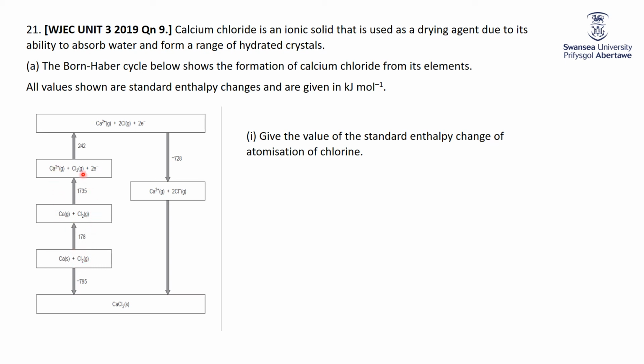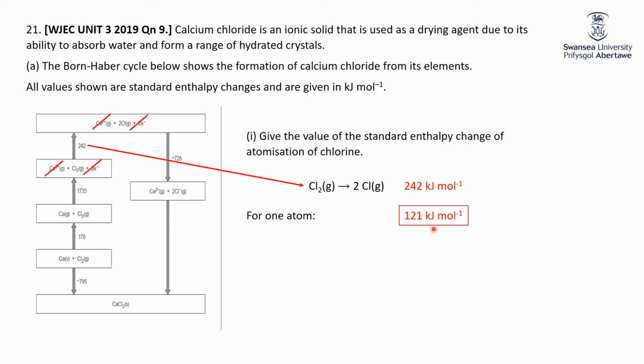Up here we go from Cl2 gas to 2Cl gas. That's what this energy change at 242 corresponds to. But we wanted the energy change of atomization of chlorine. That implies 1 chlorine. So therefore, half of that at 121 kilojoules per mole.